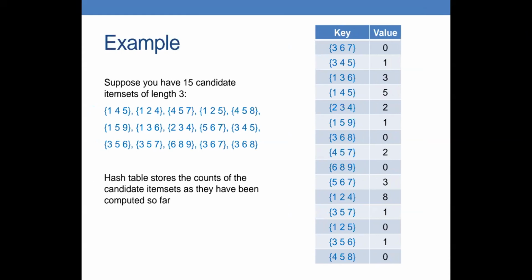And 1 to 4, generally we represent it: how many times 2 is repeated, how many times 1 is repeated, and how many times 4 is repeated. So that is simply called generating the candidate item sets.